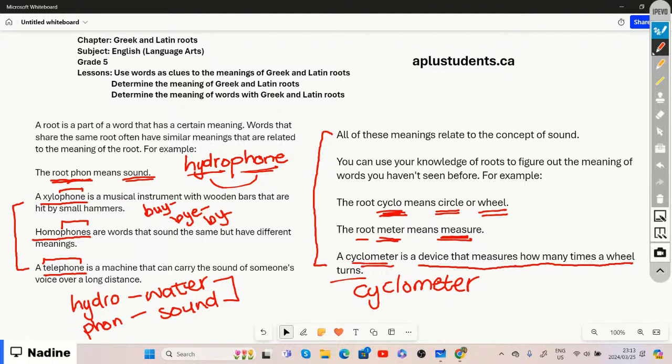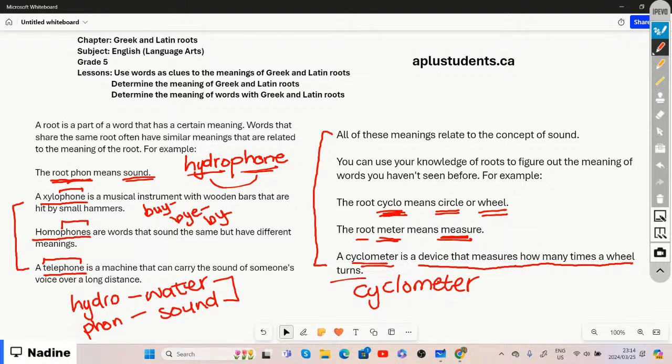Cyclonic. Okay, let me see what cyclonic means. So cyclonic, right? It says it's pertaining to a cyclone, describing a direction of rotation that is either clockwise or counterclockwise, depending on the hemisphere.